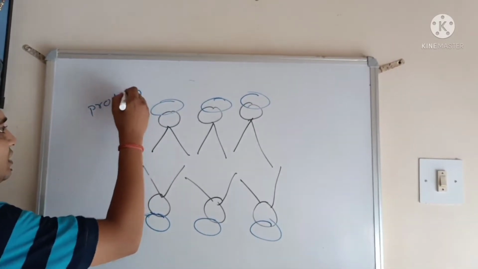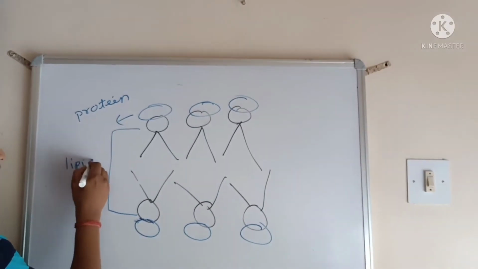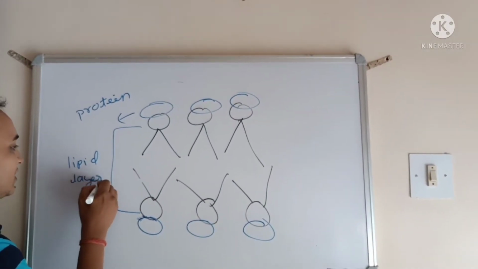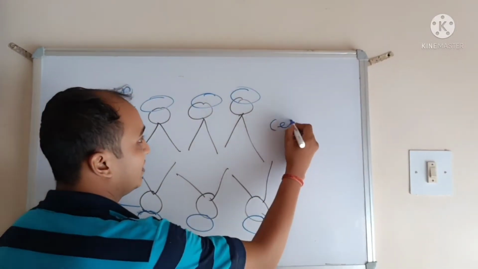This is protein, and this is lipid layer. So the cell membrane is made up of lipid layer.